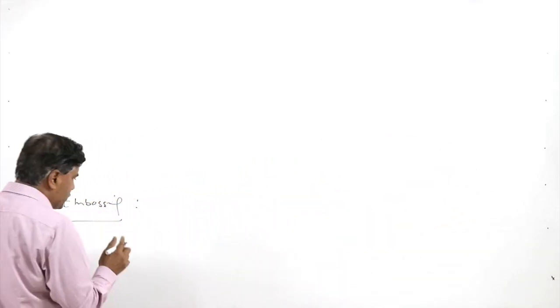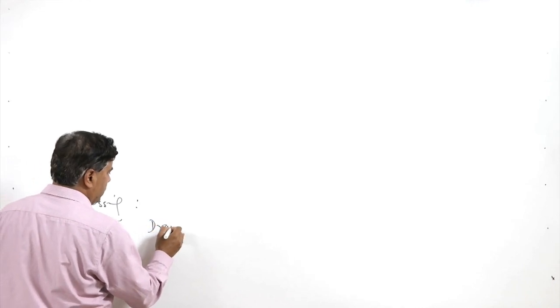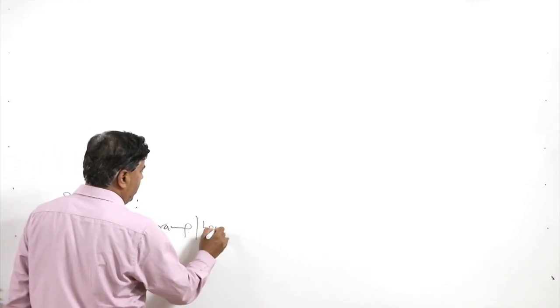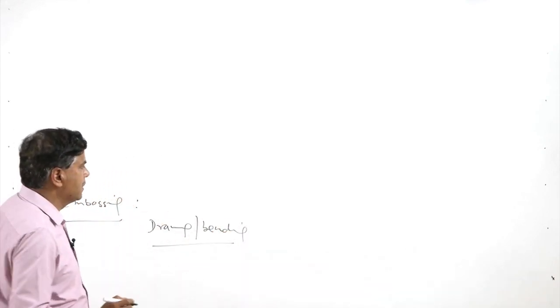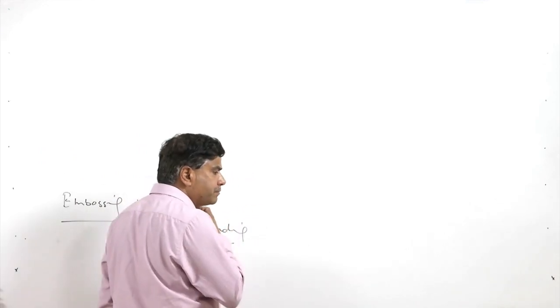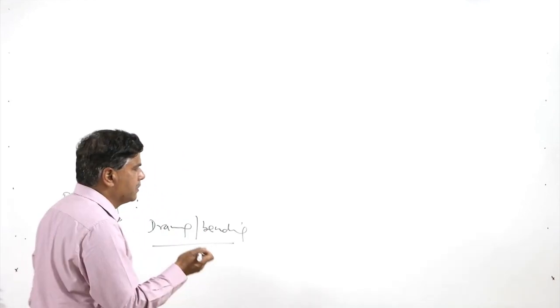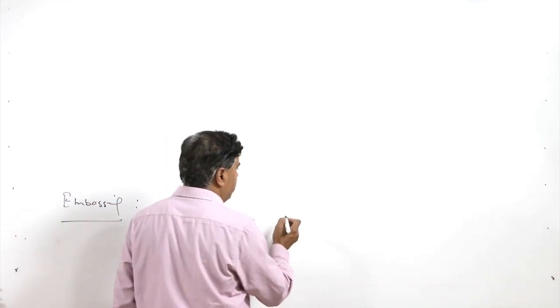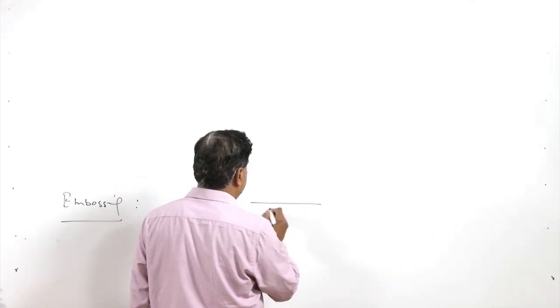So, embossing involves the application of drawing and bending kind of process combinations, wherein the suitable impressions are produced into the die and punch, so that the product can be made.